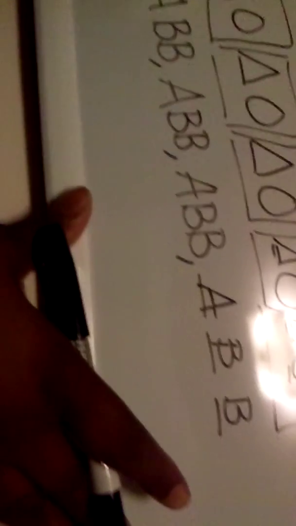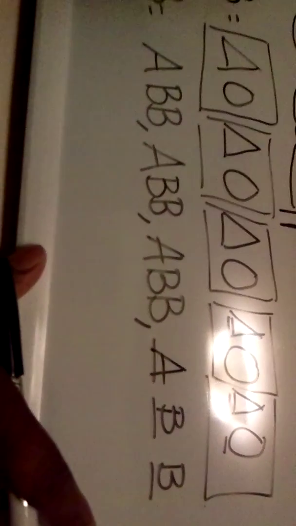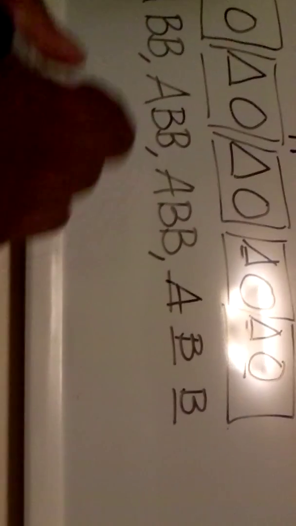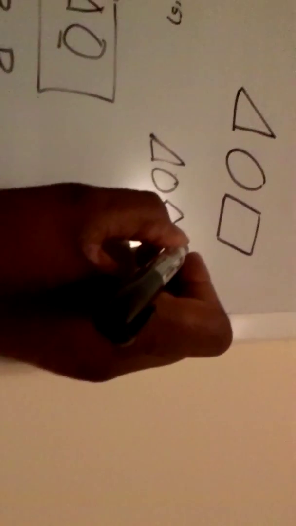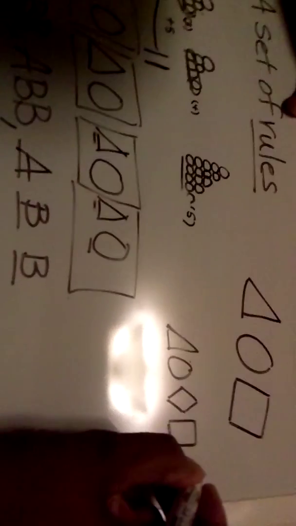Now there are other ways that you can use patterns. You can use patterns, for example, if you have triangle, circle, diamond, square, triangle, circle, diamond, square.